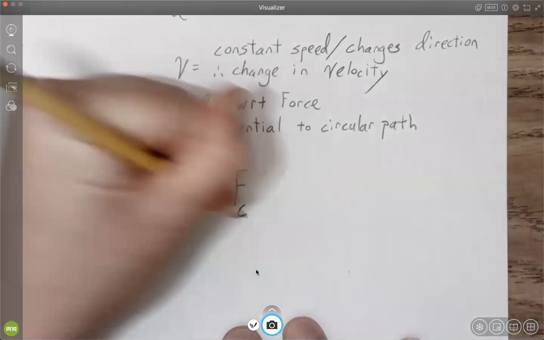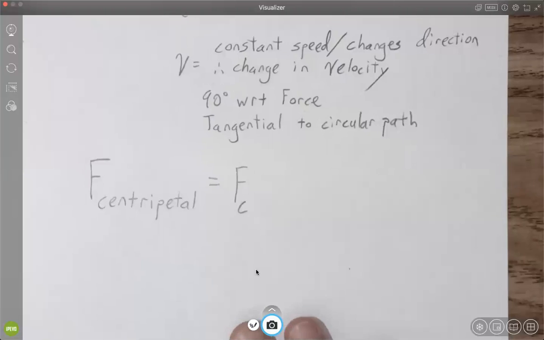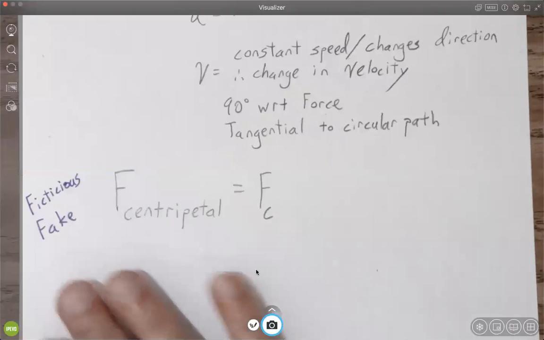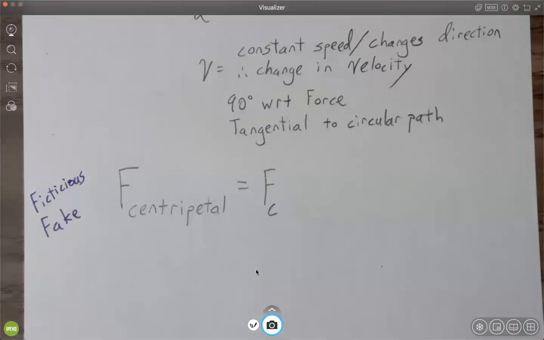I like to think of it as a force that goes in a circle, but I'm going to write over here, it's fictitious. It's fake. And I don't mean fake like your friends that don't call you on your birthday.